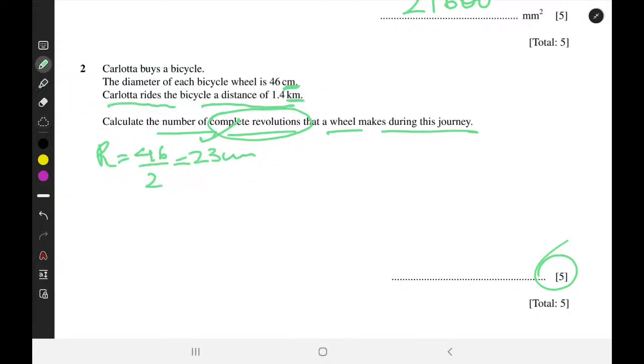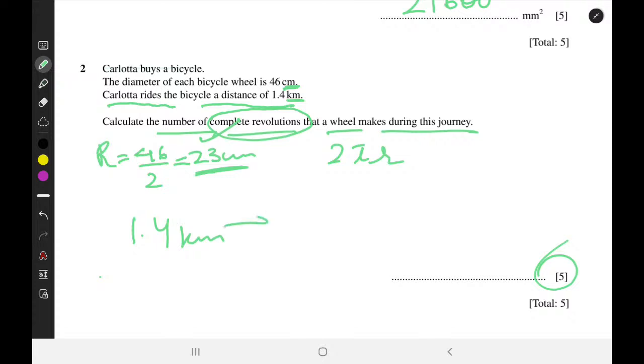Okay. Now I know the radius. What is the formula? It is 2 pi r. But something is missing. What? We have to convert the unit. So 1.4 kilometer is how much in centimeter?